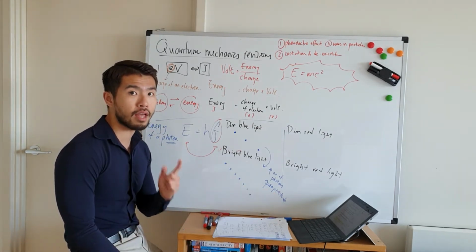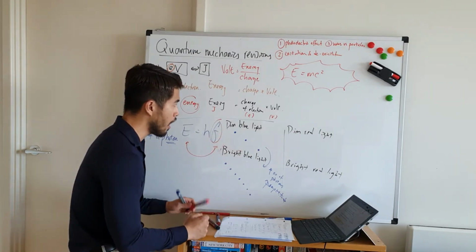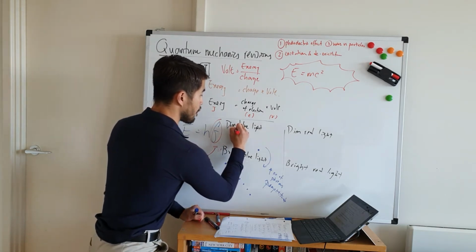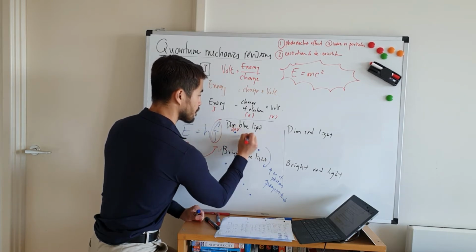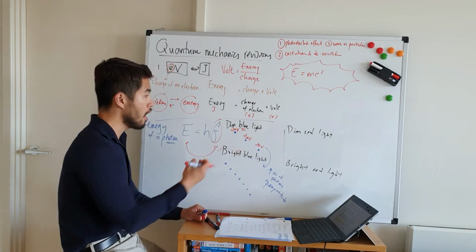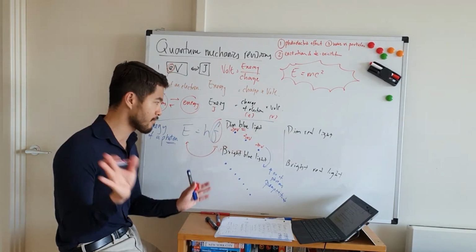You're increasing the amplitude. For example, let's say this is 1 eV, and this is 2 eV. Each blue light photon is 2 electron volts, or let's say 2 joules, or something like that.